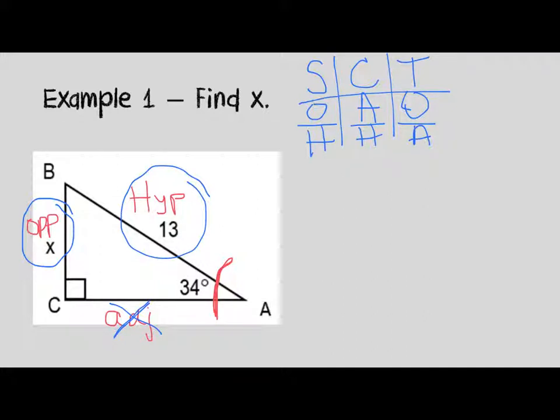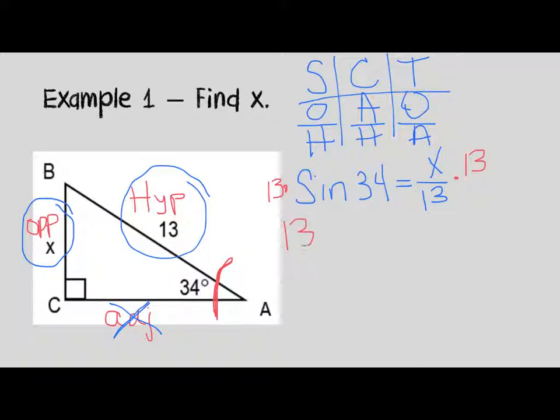So we know that the sine of the angle, which is 34, is equal to the opposite, which is x, over our hypotenuse, which is 13. Now we need to solve for x because that's what we're looking to find. We want to know what that missing side length is. Multiply by 13 on both sides.